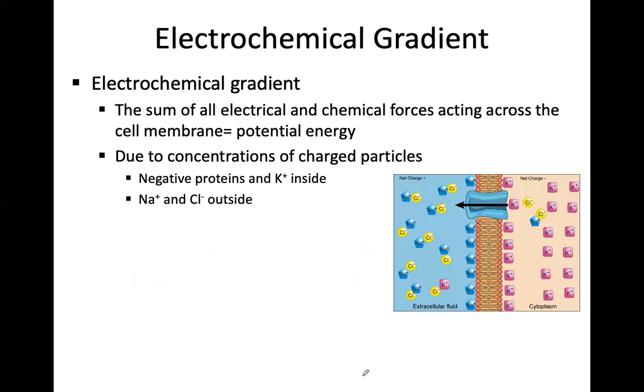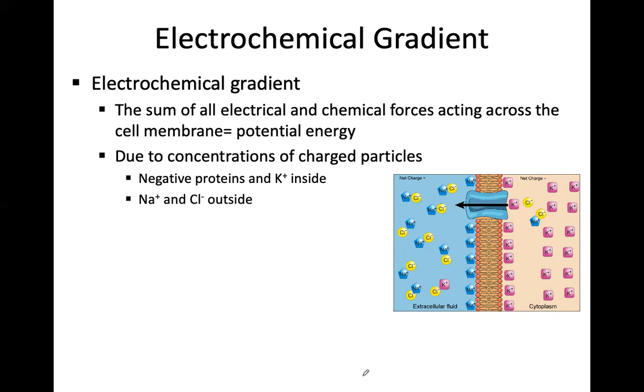Now, electrochemical gradient, again, is described as the sum or addition of the electrical and chemical forces that are basically working on your plasma membrane, your phospholipid bilayer. Again, this is acting as potential energy. What are some of the factors that allow us to create this?